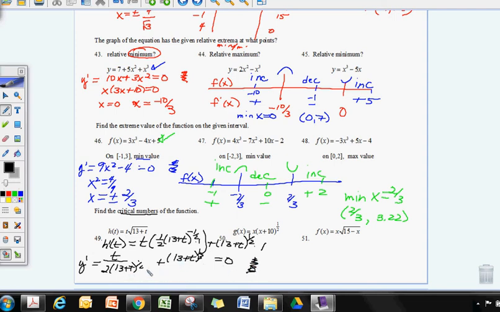When I set this to 0, I am going to move one of these terms onto the other side. And when I do that, I get the fraction t over 2 times the parenthesis raised to the 1/2 power equals negative (13 plus t) raised to the 1/2 power.